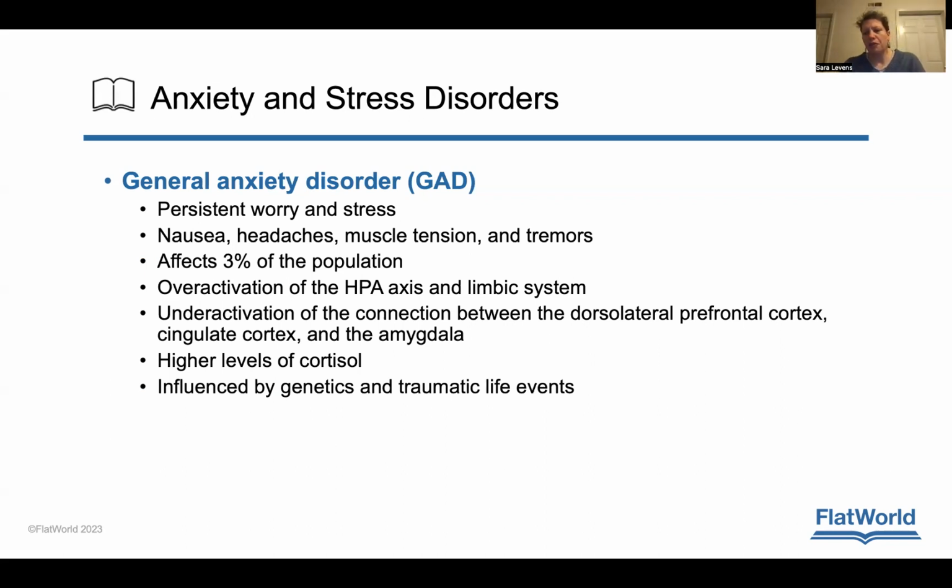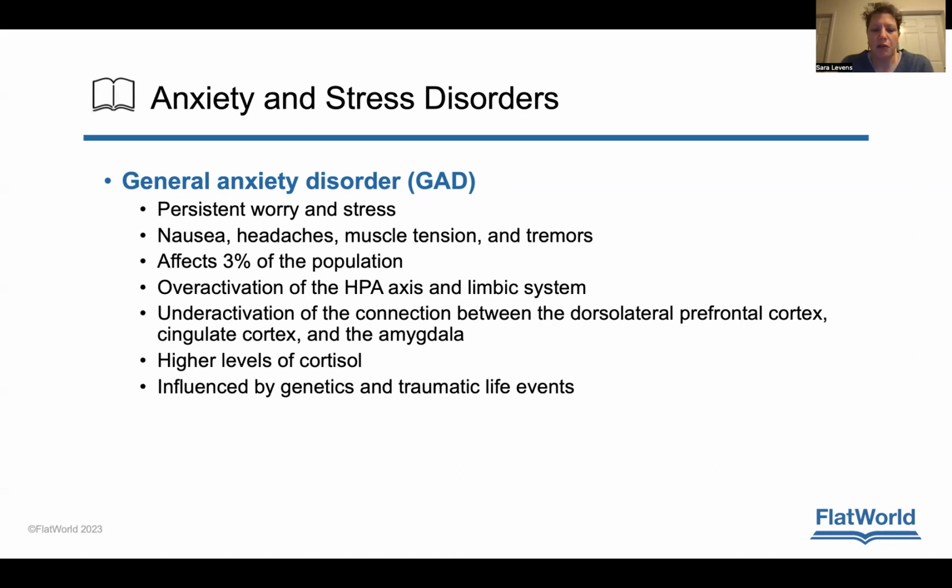So this continued anxious, stressed state can have chronic effects on your body, and that's some of the stuff that you might see in terms of the nausea, headaches, muscle tension, and tremors. This affects 3% of the population with full-on generalized anxiety disorder, but I'm pretty confident that that rate has increased.